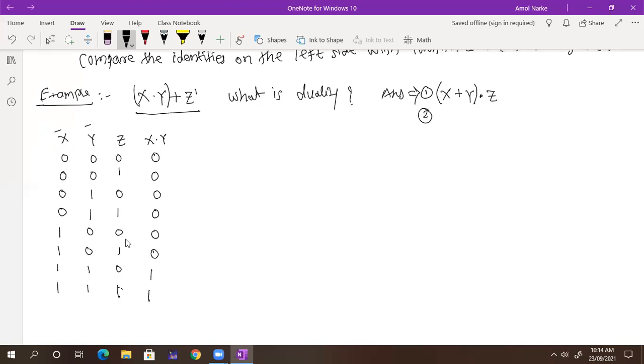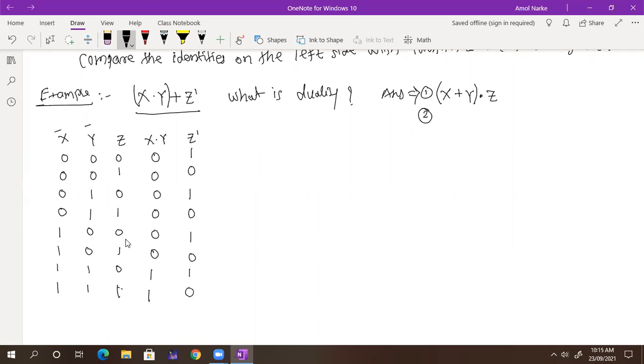Here I will get 1. Now z complement. Z complement is nothing but negation. So negation of this, tell me. It is 1. What about here? 0. Next is 1, 1, 0, 1, 0, 1, 0.